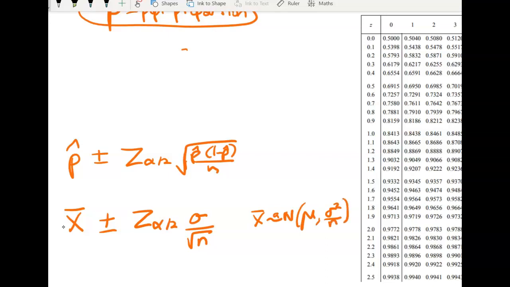Now we've still got to spend some time talking in class a bit more about when this holds up, but basically for a large n and a known sigma, this result is true. When we don't know sigma, then in theory we've got a t distribution, but we don't need to worry about that because the t distribution and the normal distribution are just about exactly the same when we have n bigger than, I can't remember, about 20 or 30.